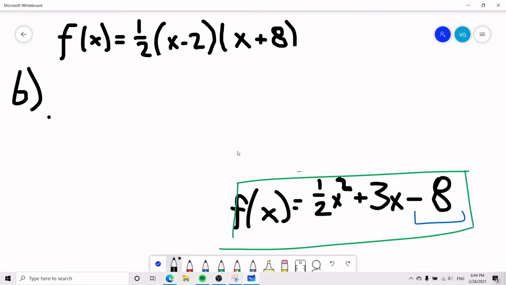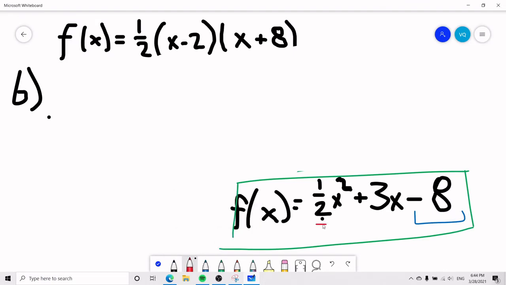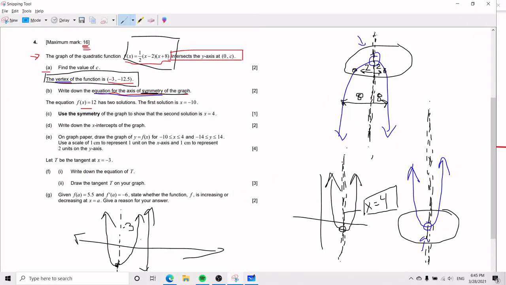But perhaps more importantly, my A, and when I say A, I mean this A, what is in front of the x squared. If it is positive, that means it faces upwards. And if it's negative, that means it faces downwards. Okay? So that's why I know that the graph is going to look something like this.